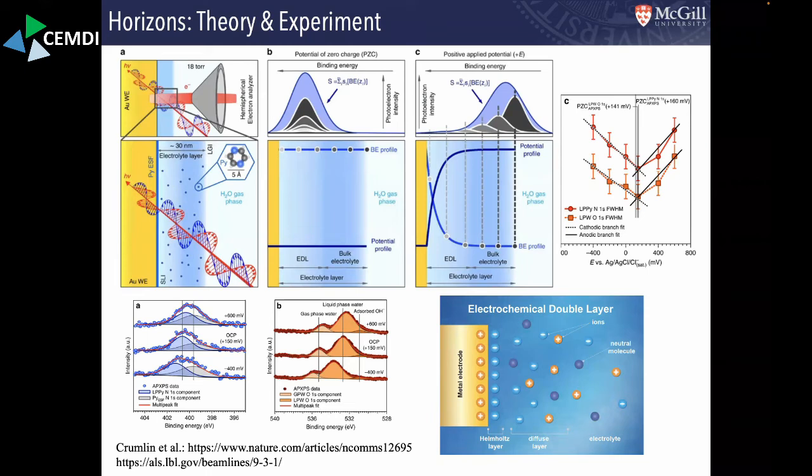They kicked electrons off as a function of bias, and they can see these very same point of zero charge effects in an electric double layer in terms of the shifting of XPS peaks for a given measured XPS peak, like, for example, from sodium 1s. So I won't get into details of this paper. This is not my work, but I thought it was a really nice paper that further brings the experiment of connecting electronic structure ideas, which are these XPS peaks, to electrochemistry.